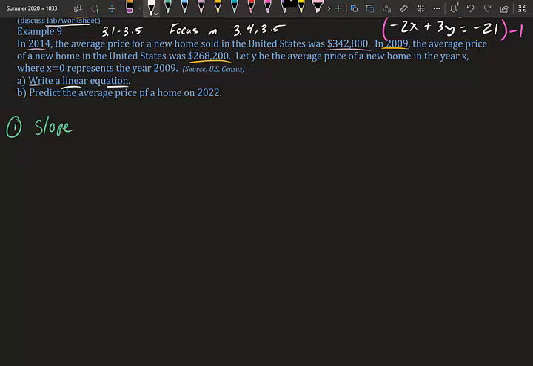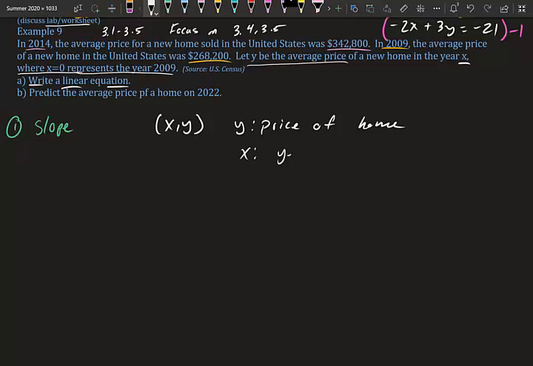Since we're talking about points, that's always X and Y, and it's telling us here that Y is the price of the home, and X is the number of years, where X equals 0 represents the year 2009.